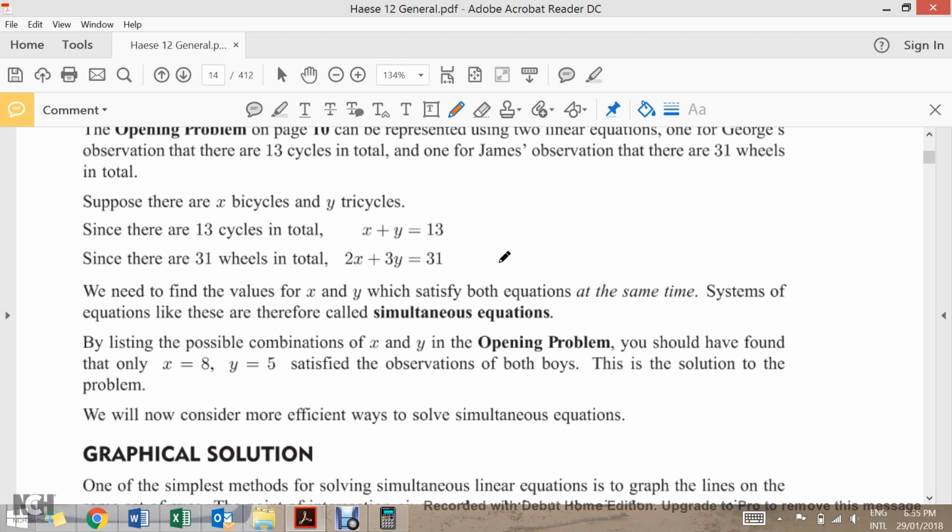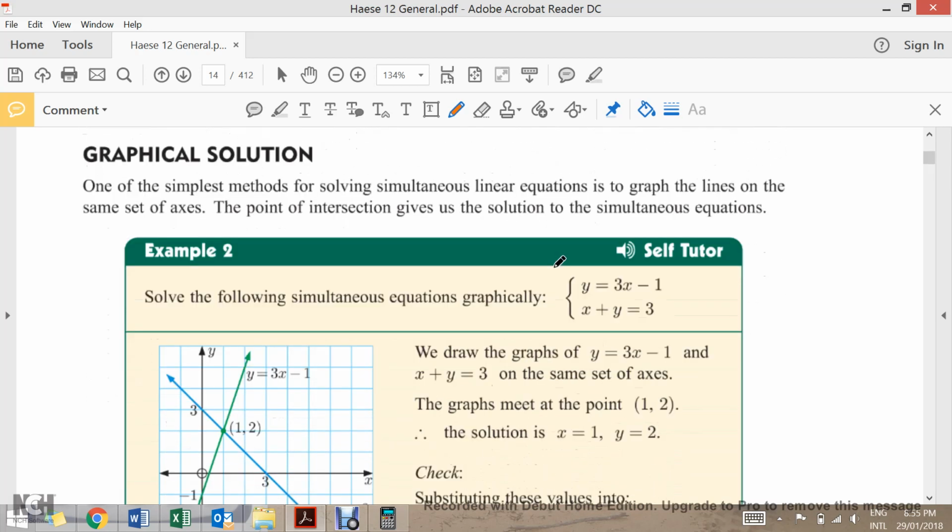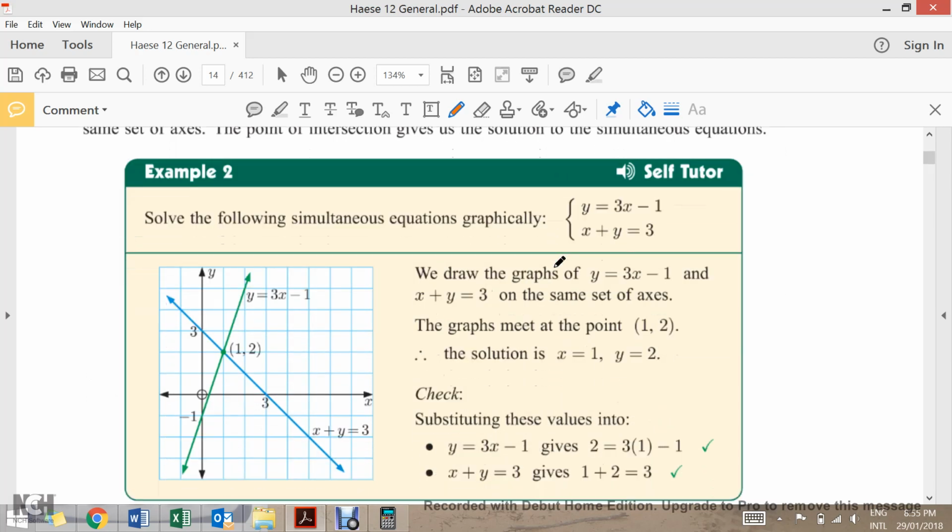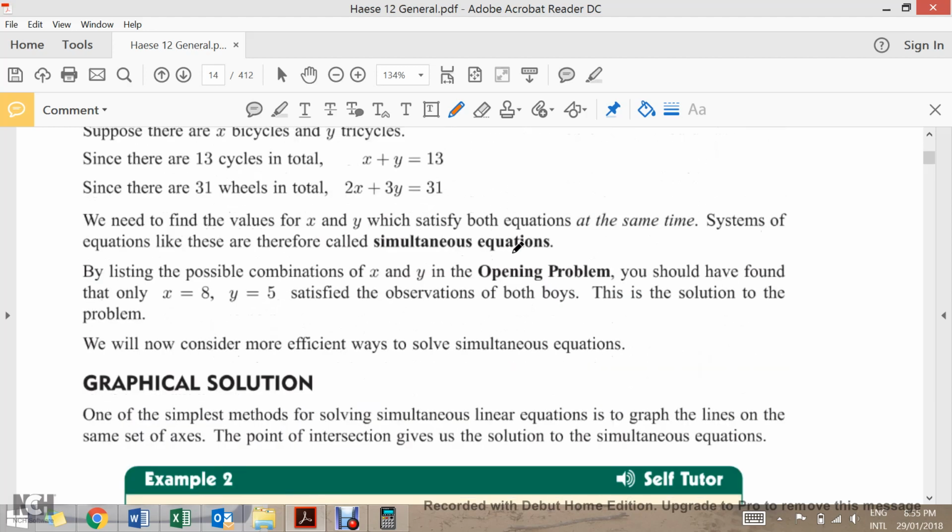So how do we do simultaneous equations? By being clever. First of all, the graphical solution. These things here, x plus y equals 13 and 2x plus 3y equals 31, they're a certain type of linear equation. What kind of linear equation are they? Yes, that's right.